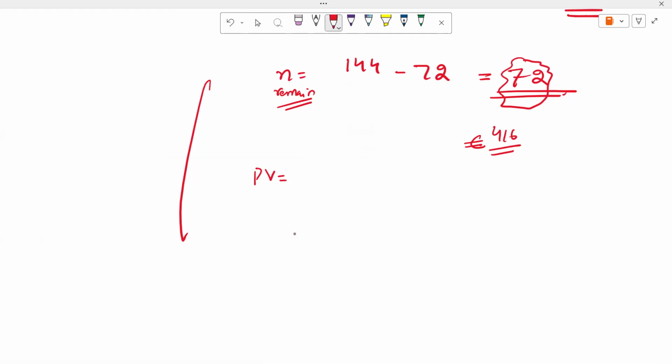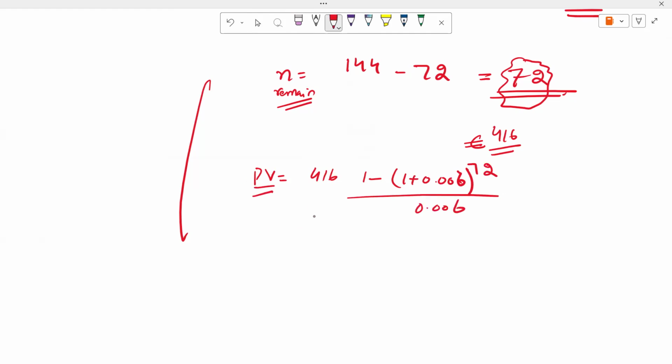And again, you would use the present value formula every month, right? 1 minus 1 plus 0.006 raised to the power 72 divided by 0.006. But this time you would find the PV.